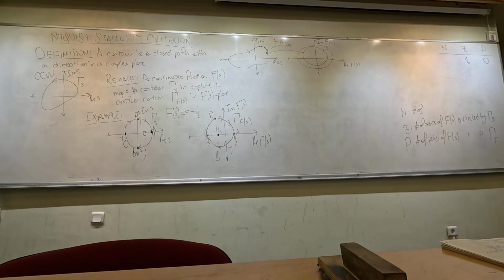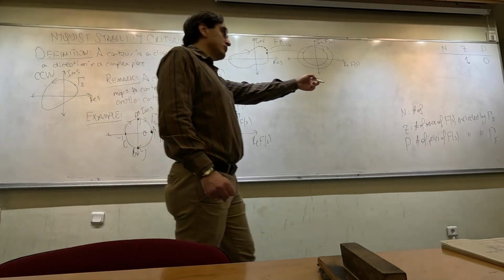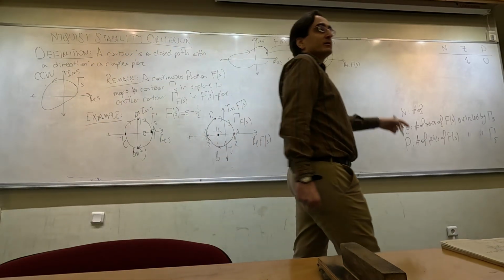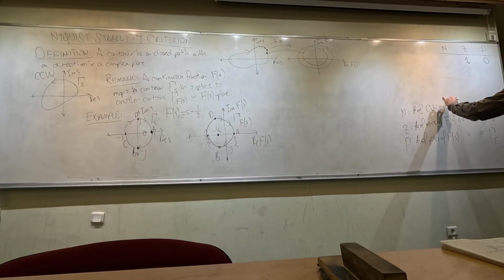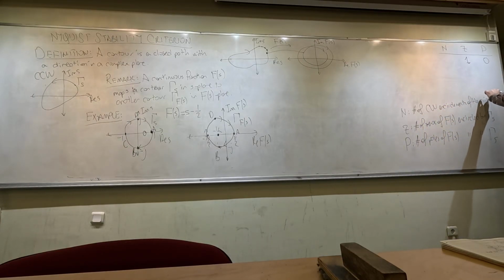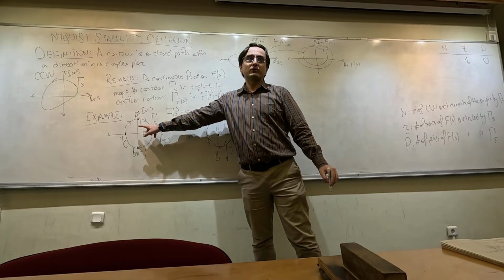All right? And now I'm ready to define what this N is. This is the number of clockwise encirclements of the origin by gamma f of s. Okay? It is clockwise because my initial curve has clockwise direction.